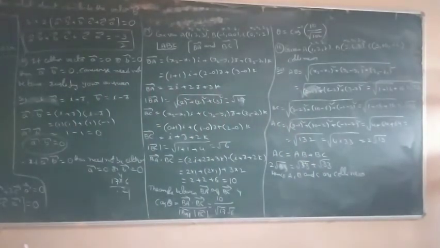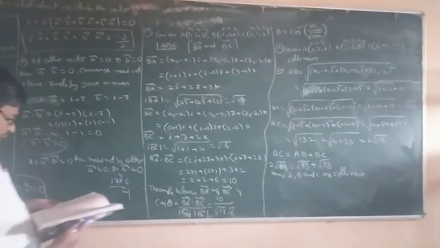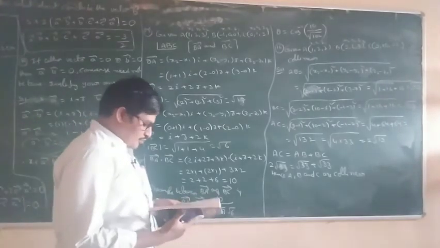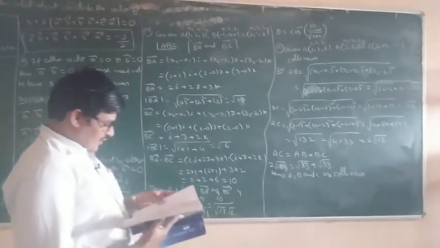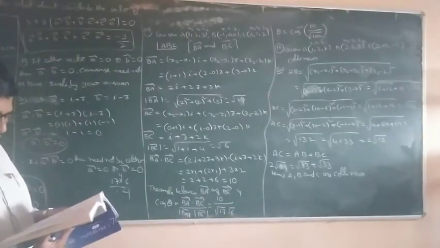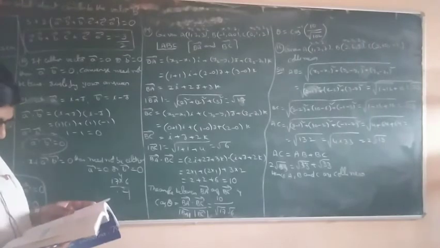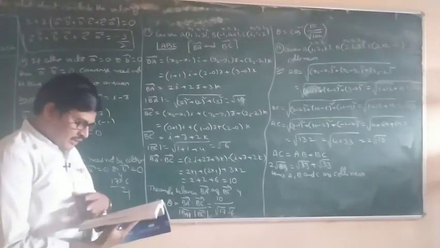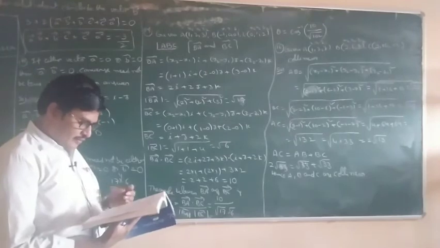Okay, A, B, C are collinear. Next, 17th problem: show that the vectors form the vertices of a right angle triangle. So this problem is also similar to the previous one.